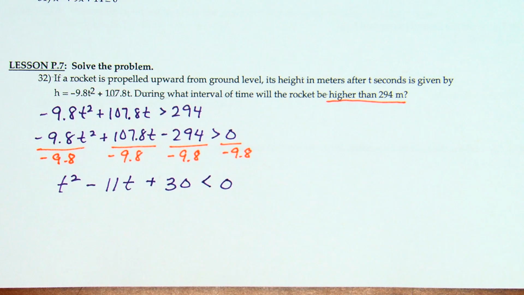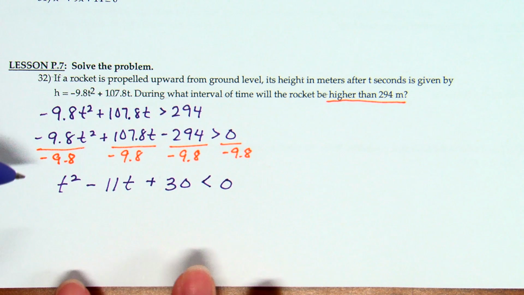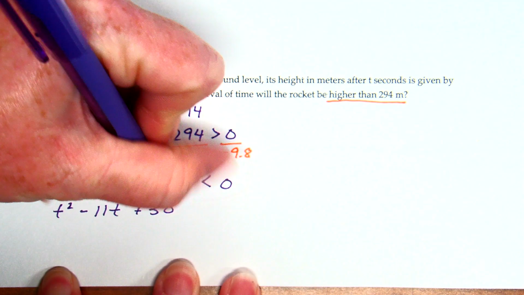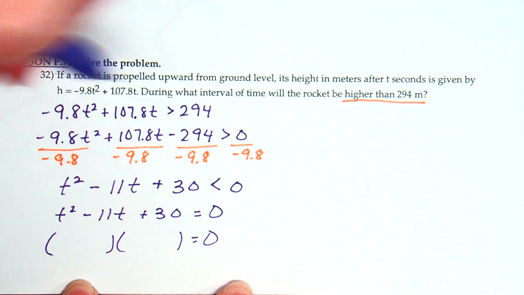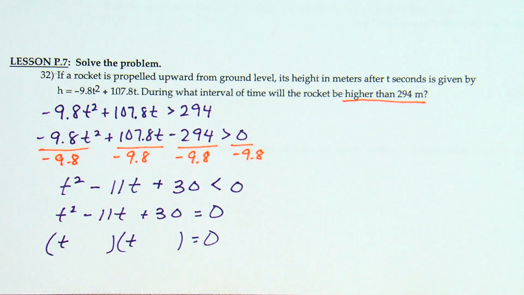We'll still answer when it is higher than in the end, but for solving purposes, remember, we're really just trying to solve the equation t squared minus 11t plus 30 equals 0. As the others have, this one factors. T squared breaks into t times t.